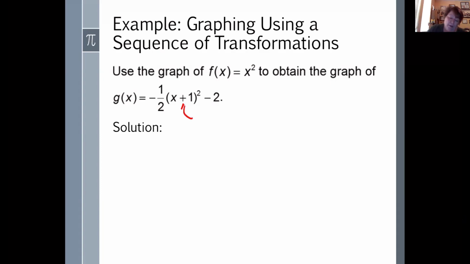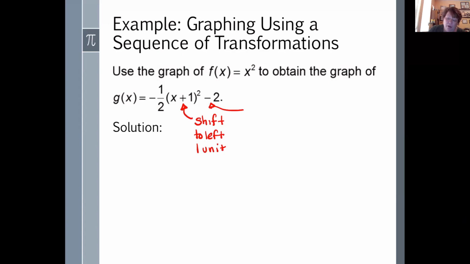Okay, so the +1 is a horizontal shift, a shift to the left 1 unit. If I add a constant to my input x, that's a shift to the left. Then we've got a -2 outside those parentheses.